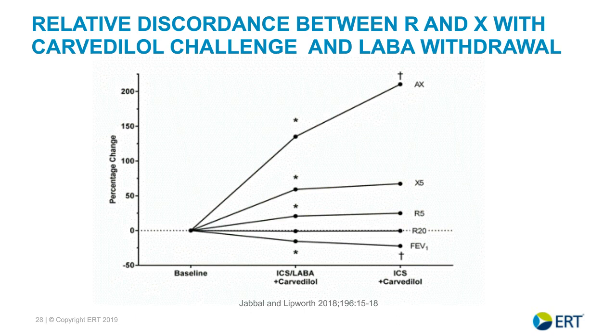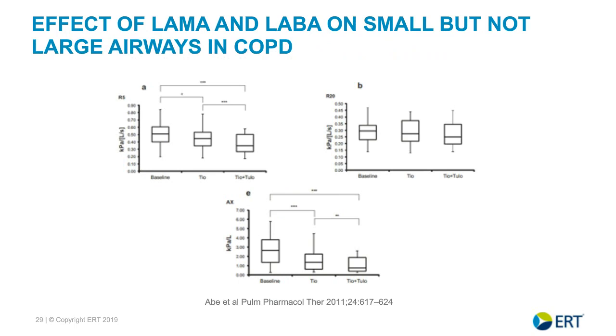If you're still not convinced, check out these data. So this is data in COPD in patients who were given tiotropium alone, or given tiotropium with a long-acting beta agonist called olodaterol. First thing I want you to note on the top right, graph B, is that the central airway resistance in the large airways doesn't change whichever bronchodilator. So as I said, it's really the small airways which matter in terms of determining treatment response in COPD, not the larger airways.